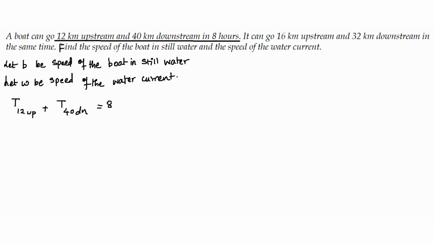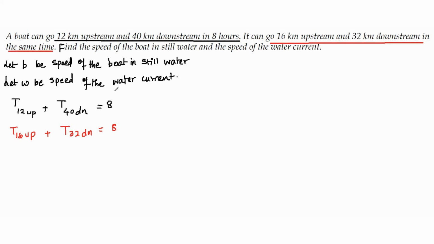And the time taken to go 16 kilometers upstream and 32 kilometers downstream is also equal to 8 hours, because it is given that it covers the same distance in this same time, right?